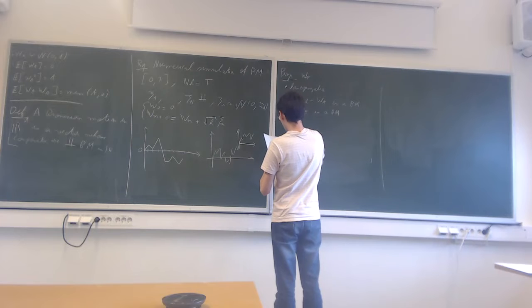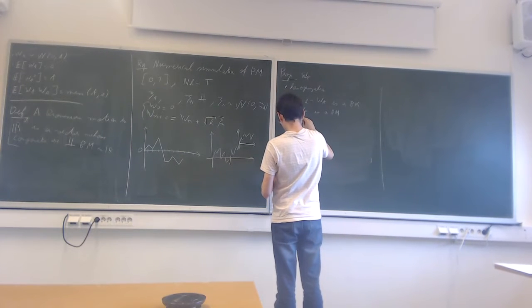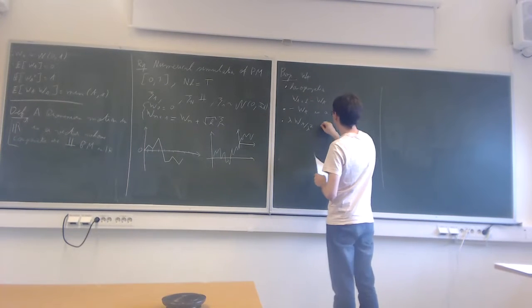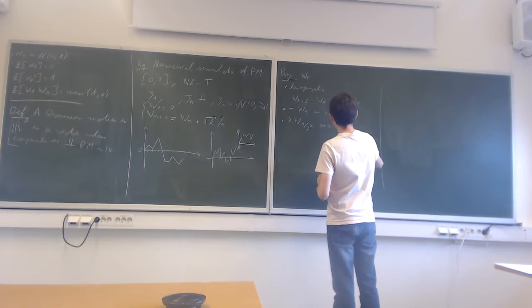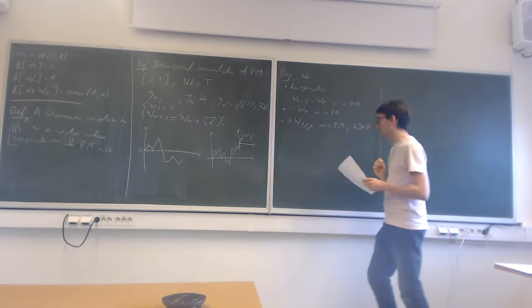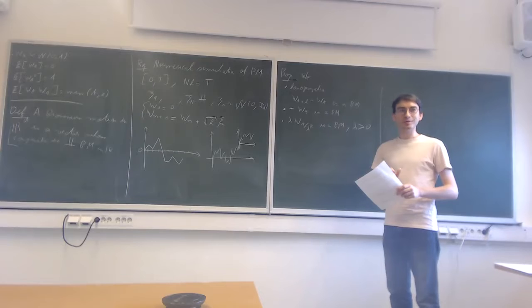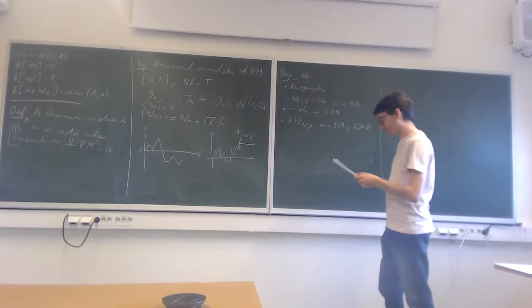And we have a scaling, or self-similarity, property. So lambda W of t over lambda squared is a Brownian motion. And I emphasize, for lambda greater than 0; you cannot go backward. This does not exist. The Brownian motion never goes backward.